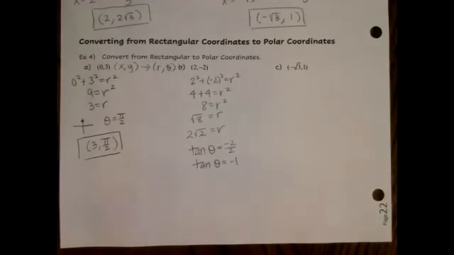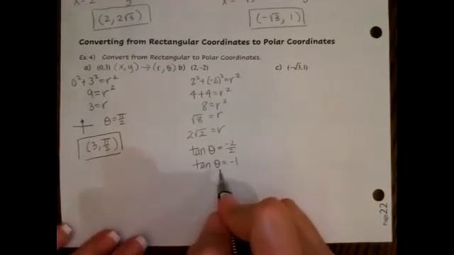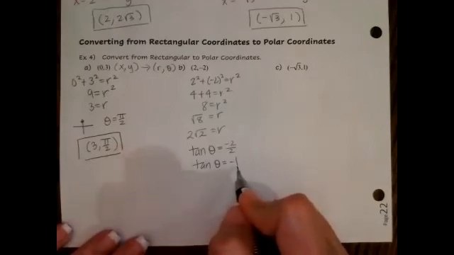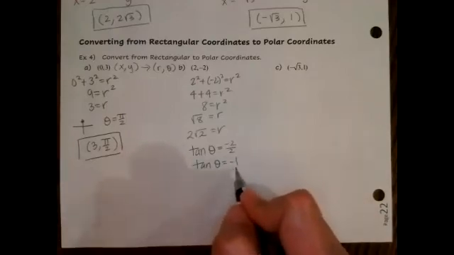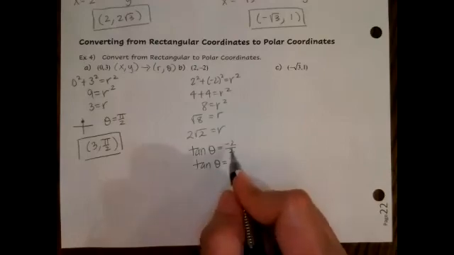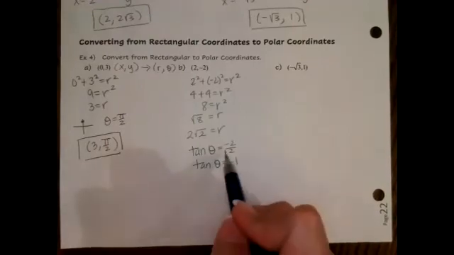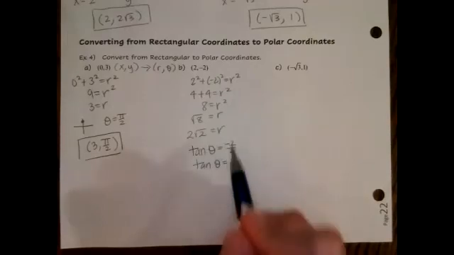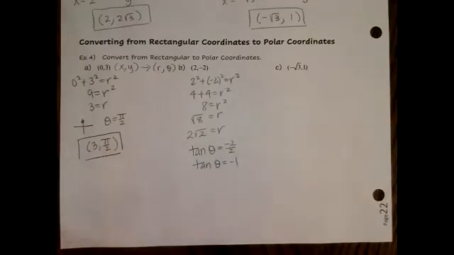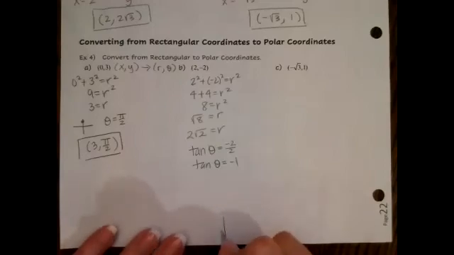This is using that unit circle backwards now. So you've got to think about, where is the tangent of theta -1? Well, we know in order for the y and the x to be -1, they have to be the same number. And so the only one on the unit circle that gives us the same number is that root 2 over 2 and root 2 over 2. Now, one of them has to be negative. So we know that it has to be in the second or the fourth quadrant.